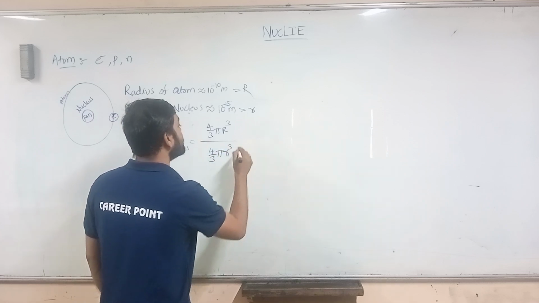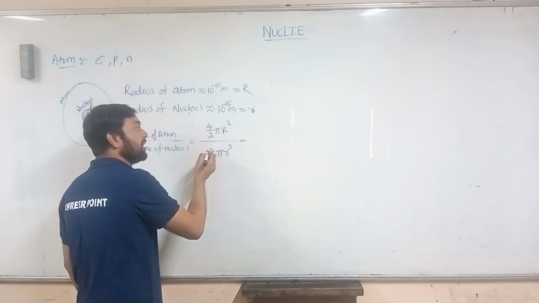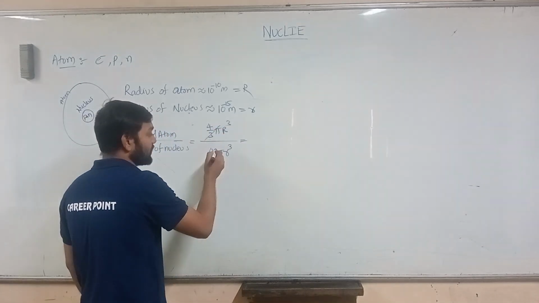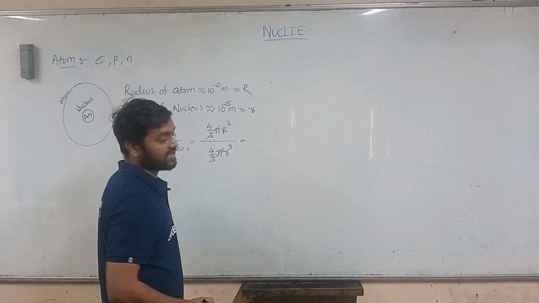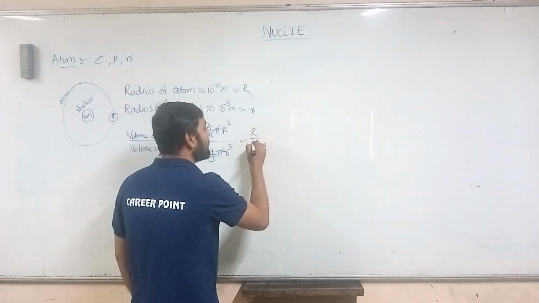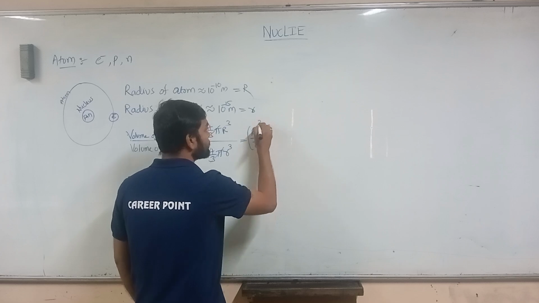Here the 4 by 3 pi and 4 by 3 pi get cancelled. The remaining is R by r whole cube.